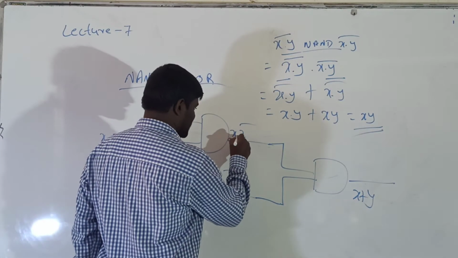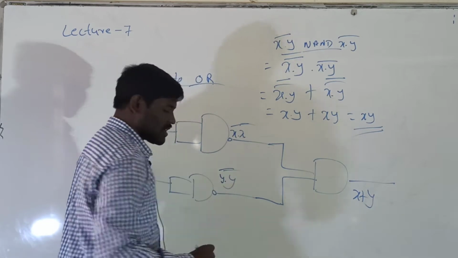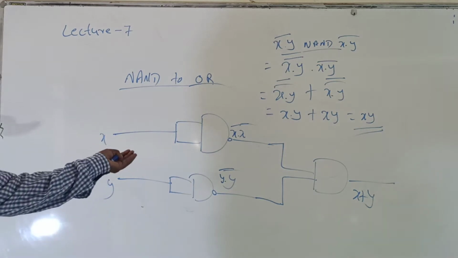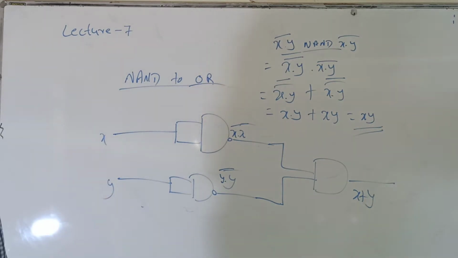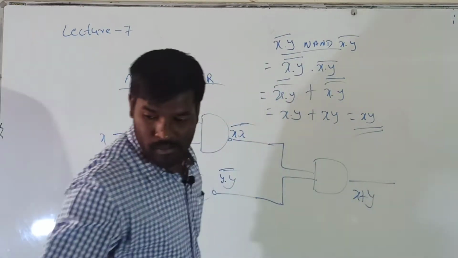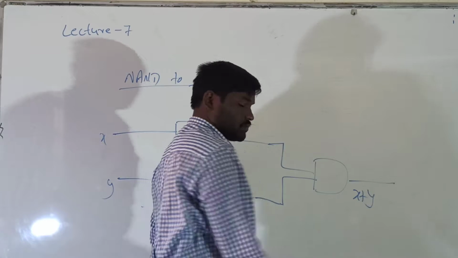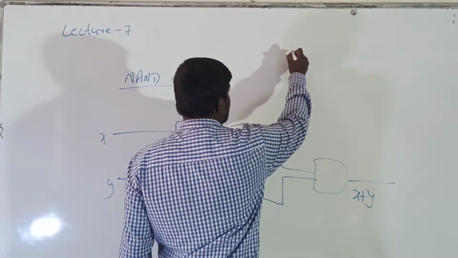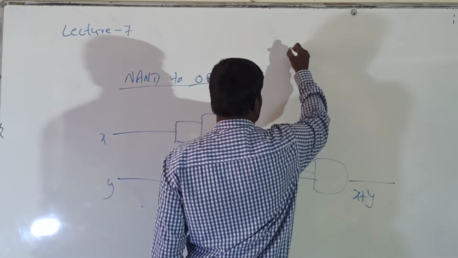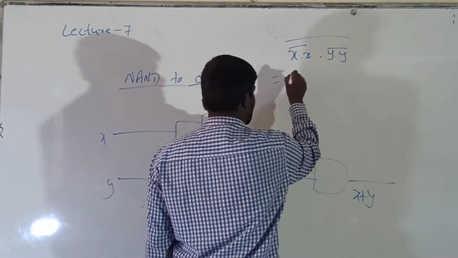So I can write like this: x into x whole bar, y into y whole bar. Finally it becomes x bar y bar only. X into x whole bar into y whole bar complemented.